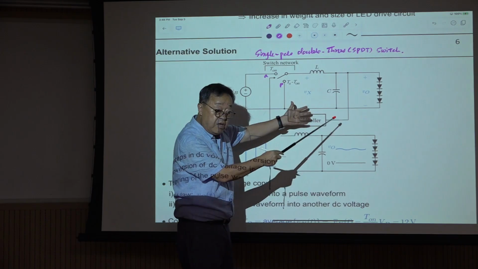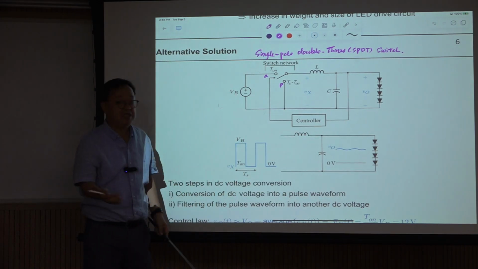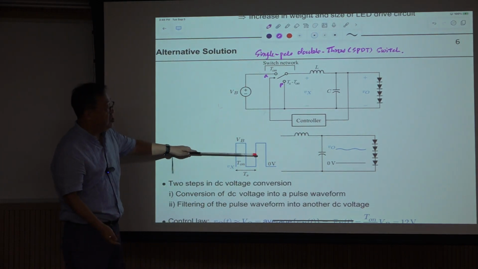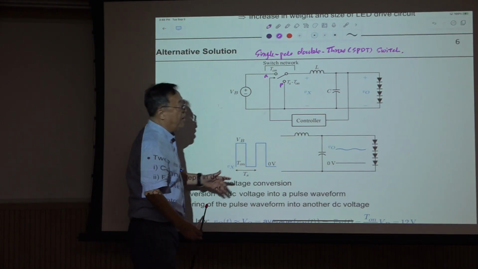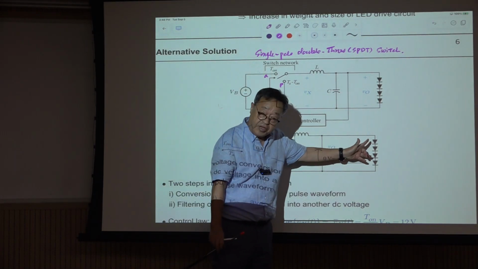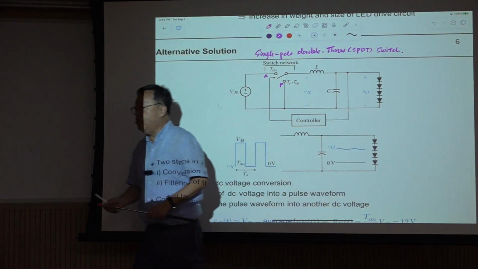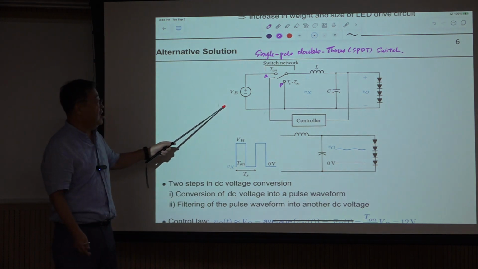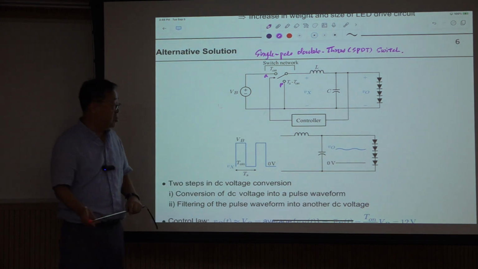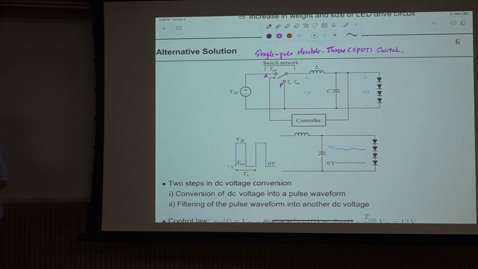The low pass filter filters out this voltage, and the average value is generated here. So this DC voltage is converted to another DC voltage. This is the basic principle of the PWM converter.